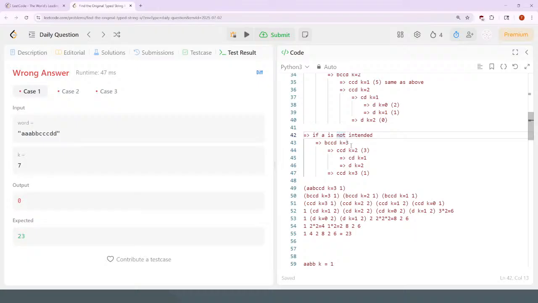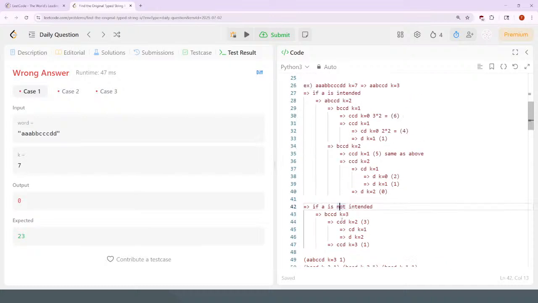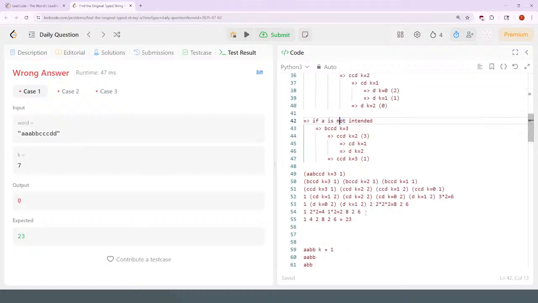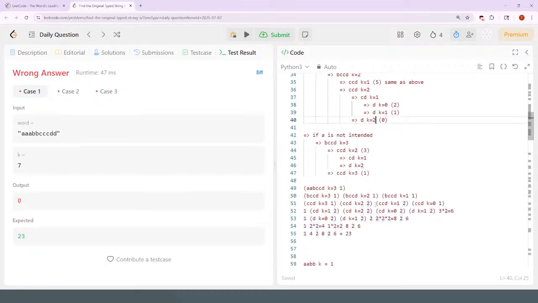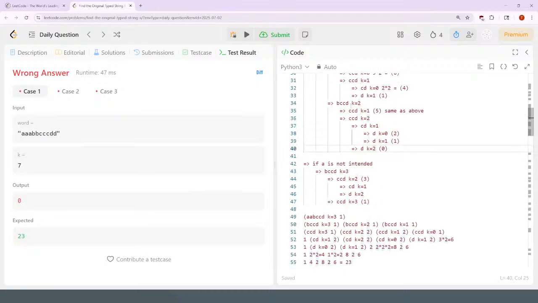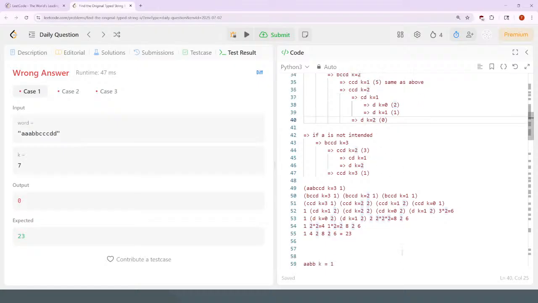Okay, so what happened to the case where I had d and k equals 2? So it became ccdk equals 2. ccdk equals 2. Did I just ignore it?